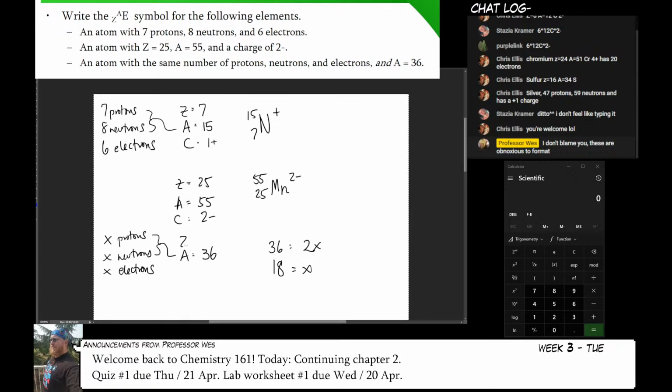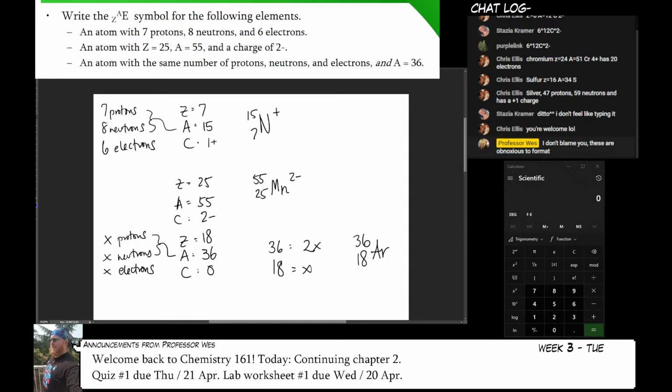So that means Z is also 18, and the charge is 0. So this symbol would be that. All right, so those are those problems.